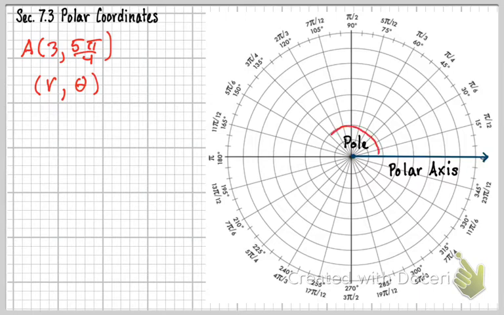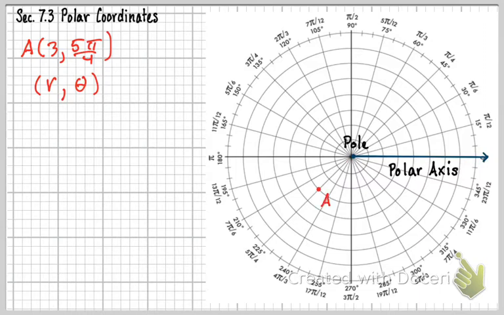If I think of pi, pi is 4 pi fourths, so then it's one more pi fourths, which brings me over here. Then it's telling me that my radius is 3, so I would go out in this direction, 3. So my point would be right there, and I would call that point A.